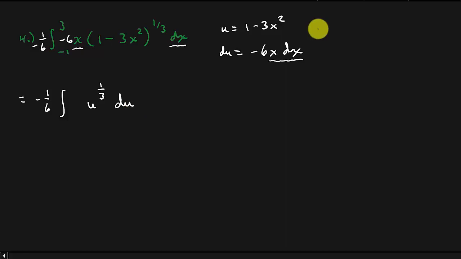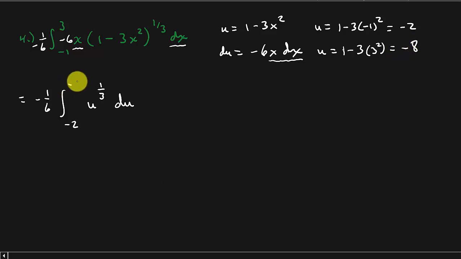Okay, so I get u is equal to 1 minus 3 times negative 1 squared. Take the negative 1, plug it into here, and that is going to give me negative 2. And then I've got u is equal to 1 minus 3 times 3 squared. What is that? Is that negative 8?